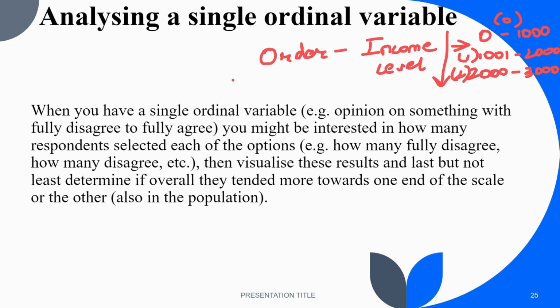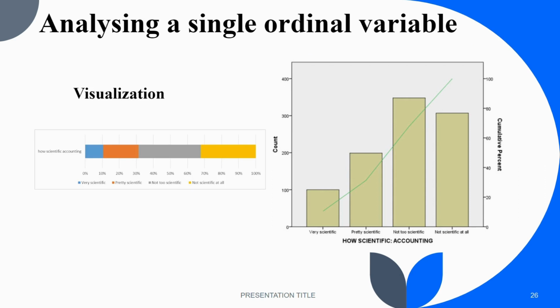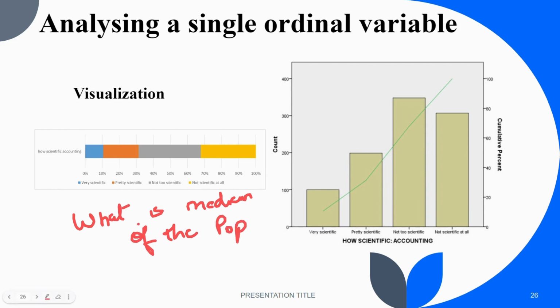So given a variable like income level, what can be the hypothesis and what can be the research questions that we can solve? One hypothesis can be: is the median of the population equal to X?